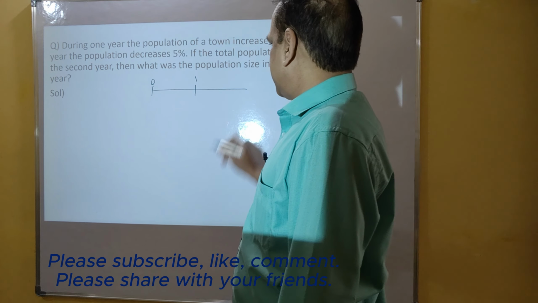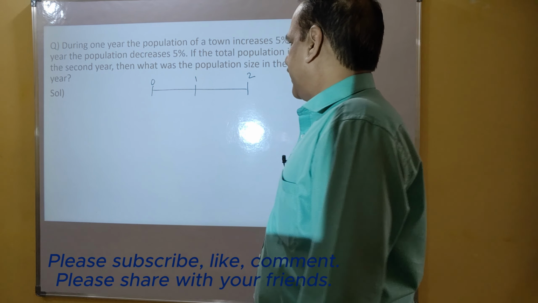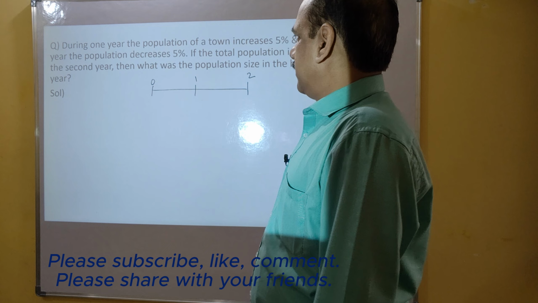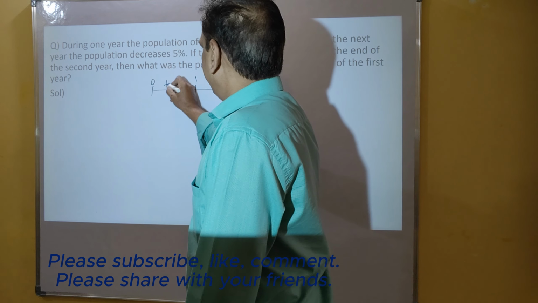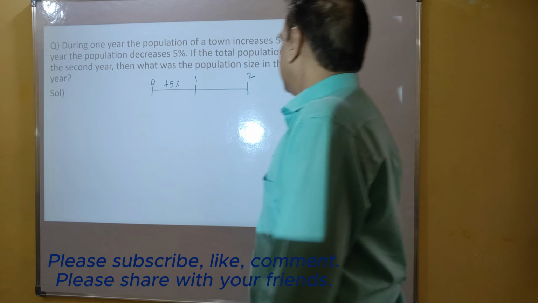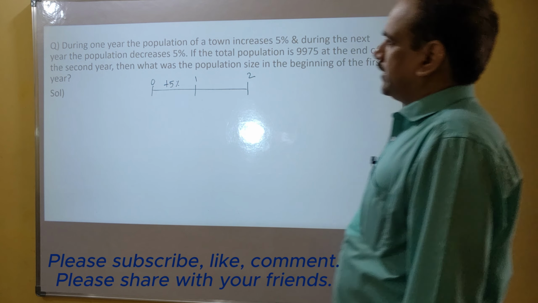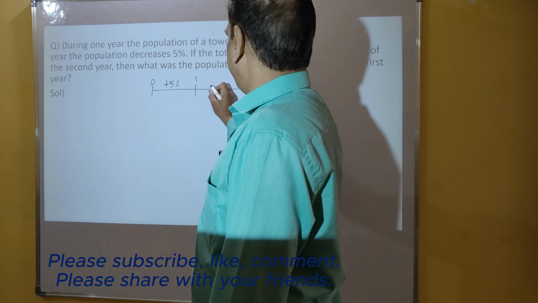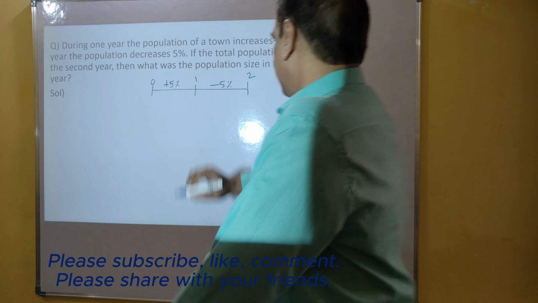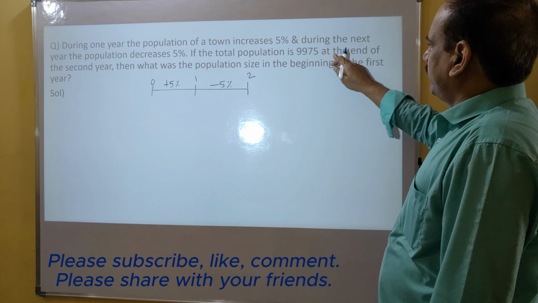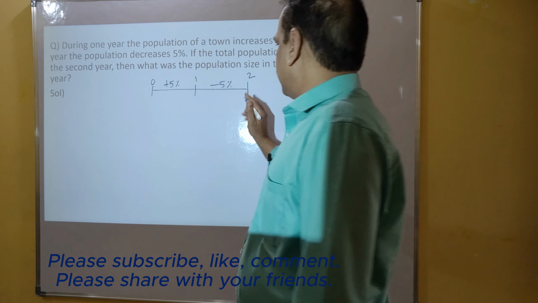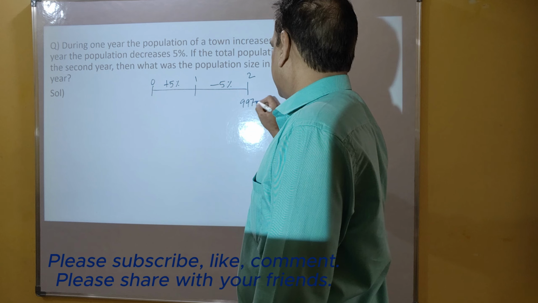So this is the end of first year, end of the second year, right? So during the 1 year, population increases by 5%, plus 5%. During the next year, the population decreases by 5%, minus 5% during the second year. The population is 9,975 at the end of second year.